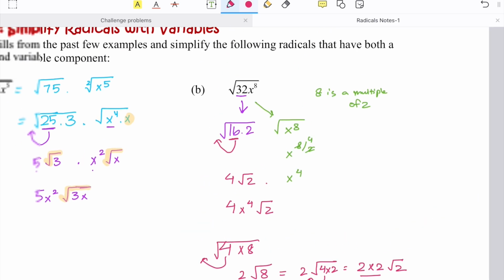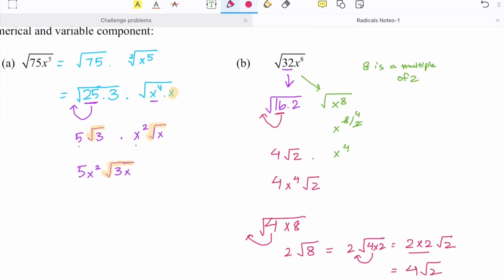Yeah, simplified form, always simplified form. You want it like this, not like that. Okay, your final answer should be this. How come we can't just put 8x in the root? What do you mean?